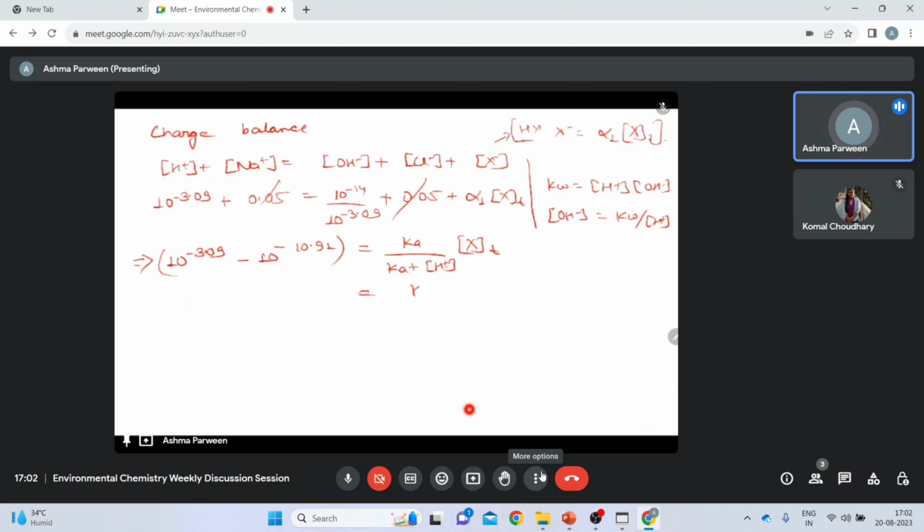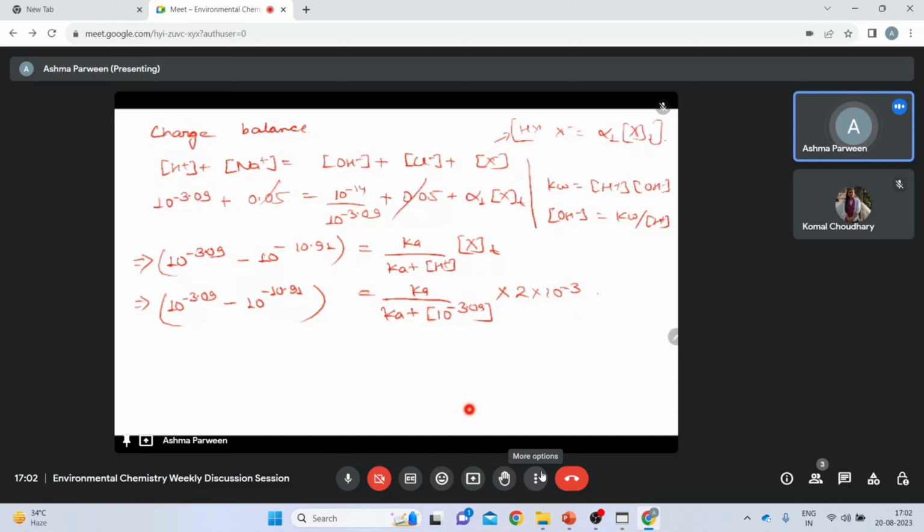So we have to find out Ka. pH is given, so we can write H plus as 10 raised to minus 3.09, and also X total is given as 2 into 10 raised to minus 3. So we just have to solve this equation and find the value of Ka.